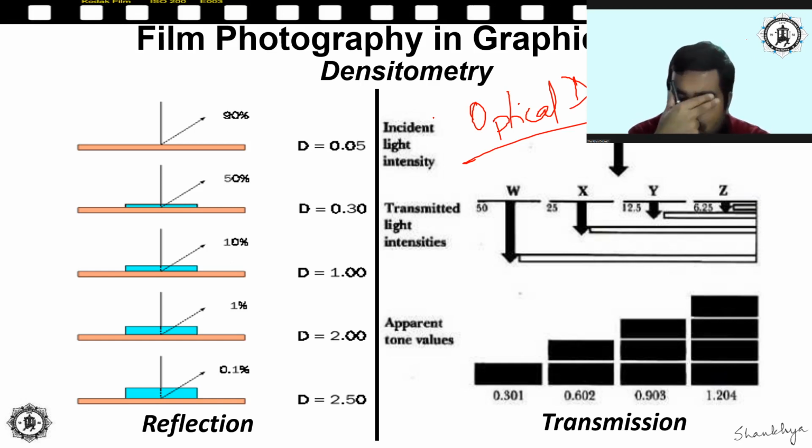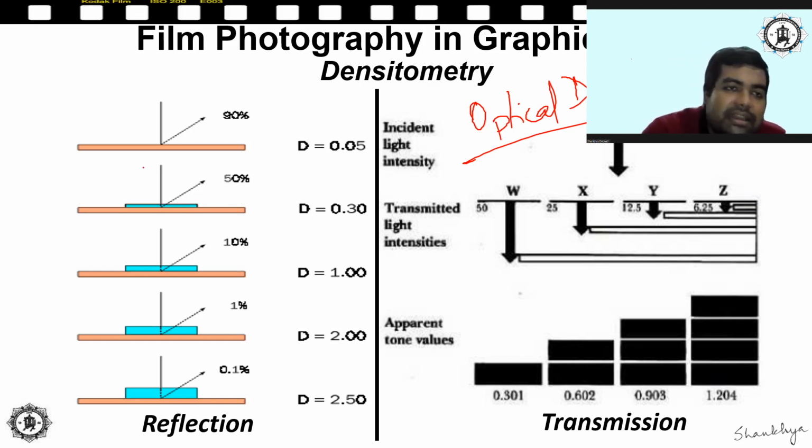Now, what density basically means, to put it simply, optical density is how dark the printed object is, right? So it is a measurement of the darkness of that printed material. Now, in order to measure density, we will have different types of substrates.